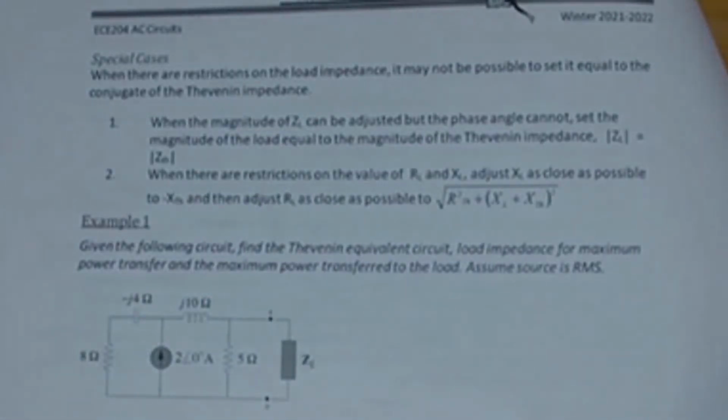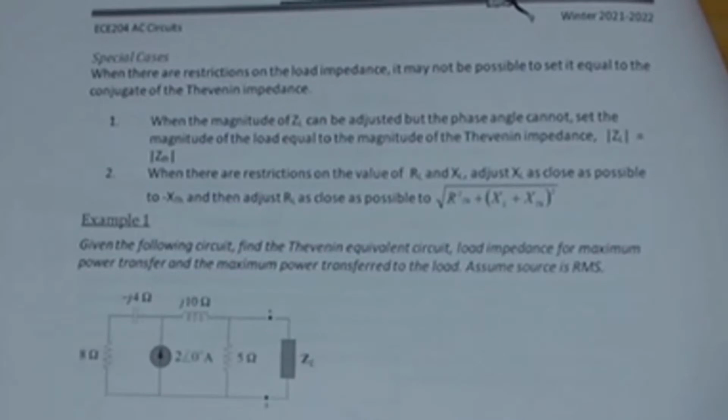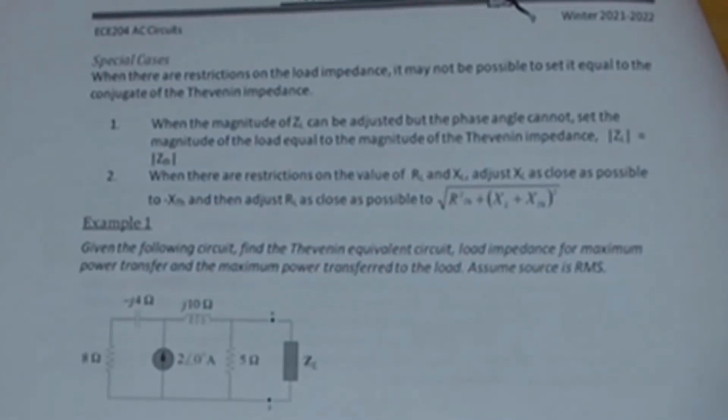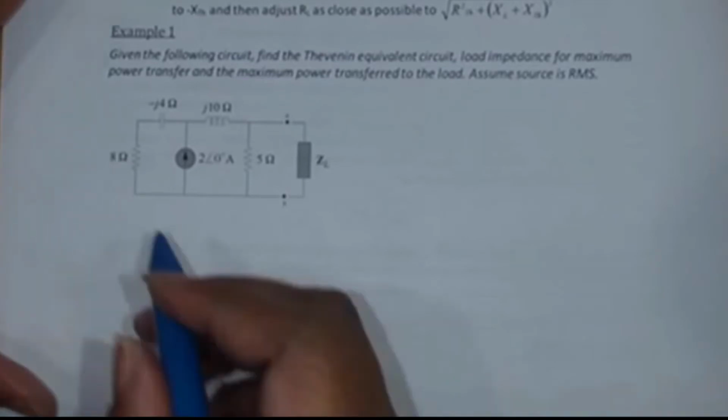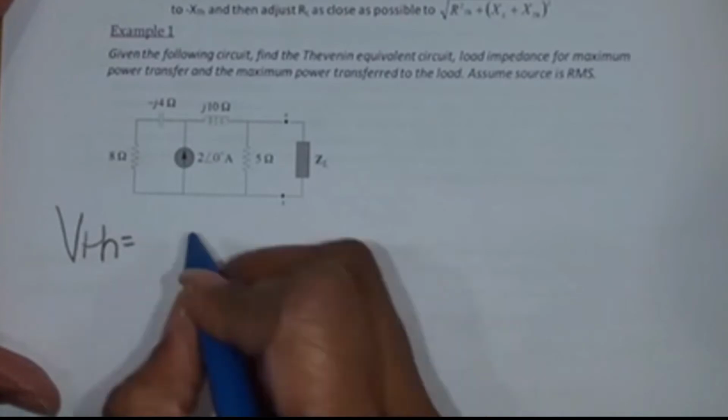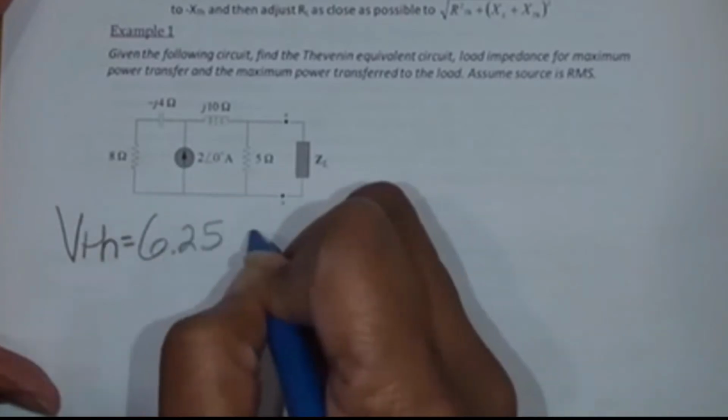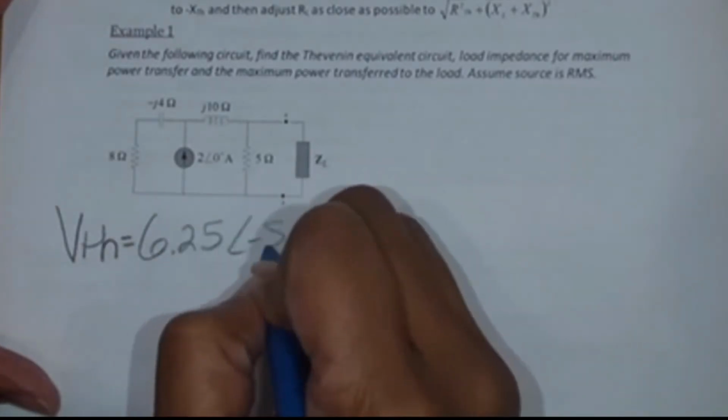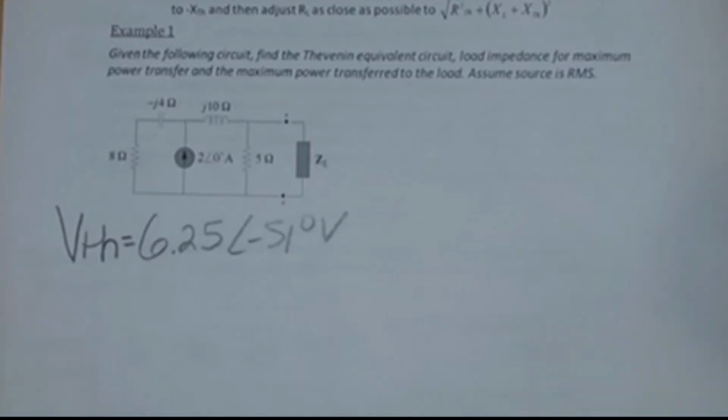So let's look at an example here. Example 1. We've done this problem already, so I'm going to give you the answers. We probably did this problem back when we did Thevenin equivalent. So we found that V Thevenin was 6.25 with an angle of negative 51 degrees. We probably used source transformations to solve this.